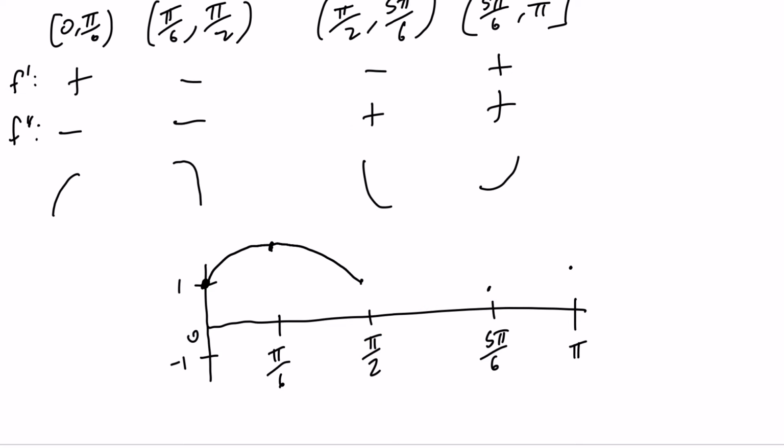So we look a little something like this, although I didn't draw that very well. And then lastly, between 5 pi over 6 and pi, we are increasing and concave up. So that means we look a little something like that. And so all this goes to show, with calculus, we can even draw trigonometric functions.